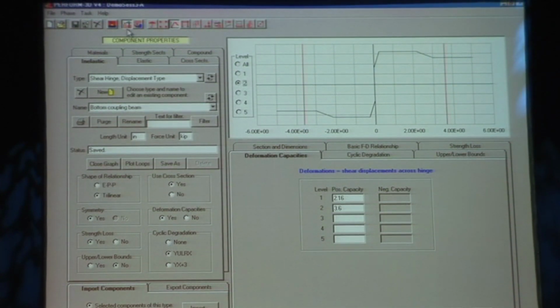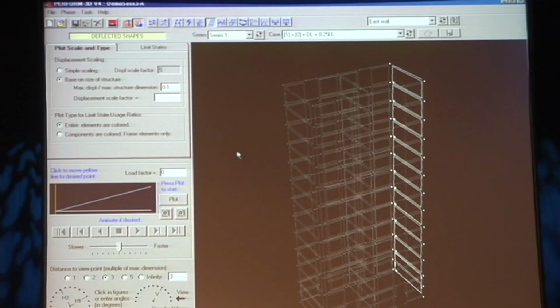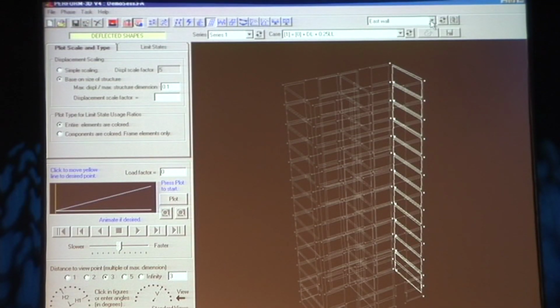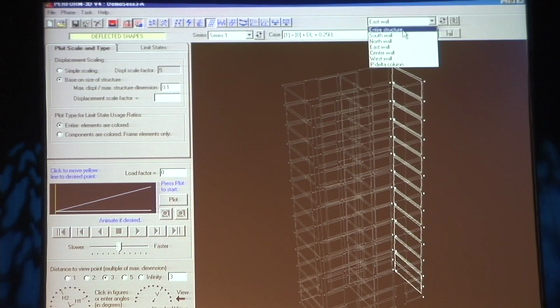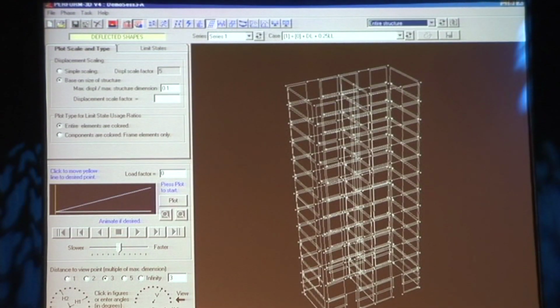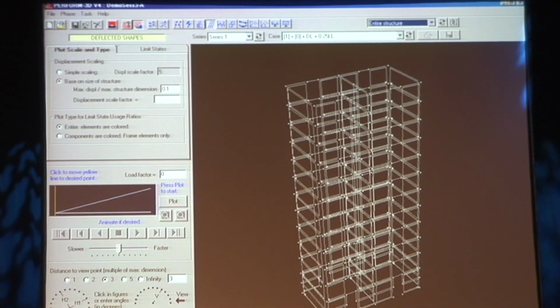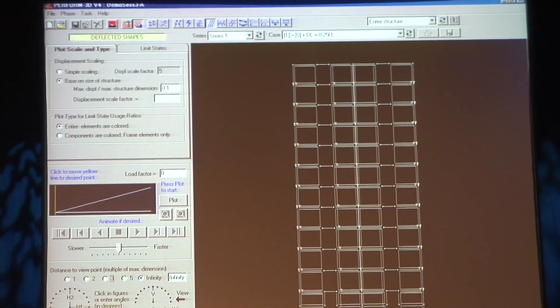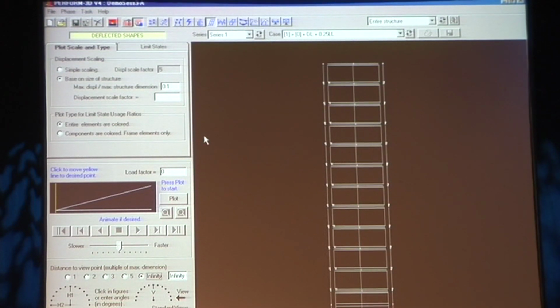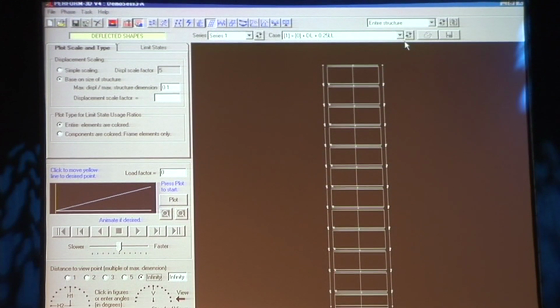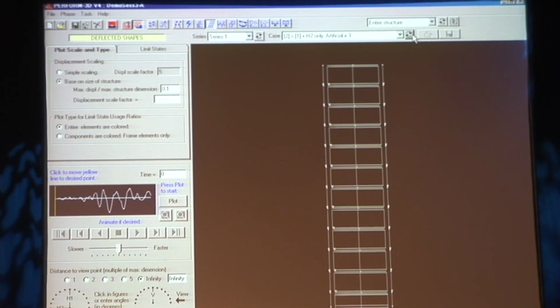And if we look at it in view, we're going to do an earthquake. Okay.